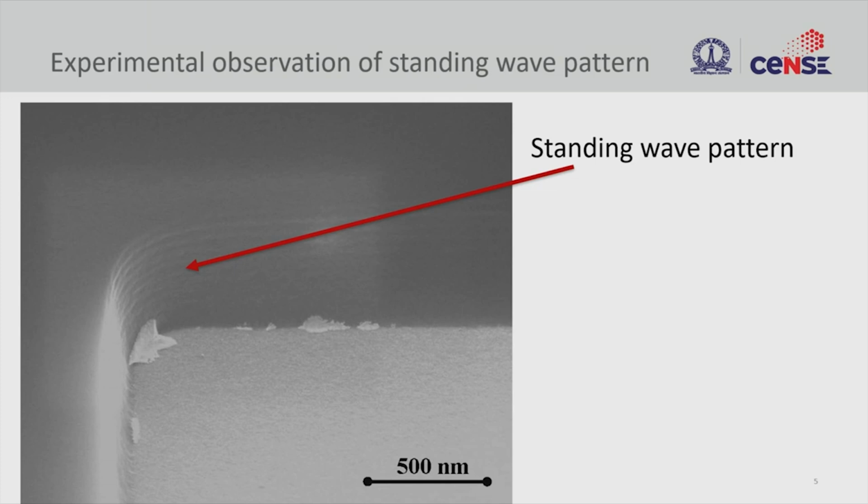This is a scanning electron microscope image of a photoresist after development, and you can see the wavy pattern here, right. So, you can look at the pattern here, which is clear that there is a standing wave created because the anti-reflective coating was not there.